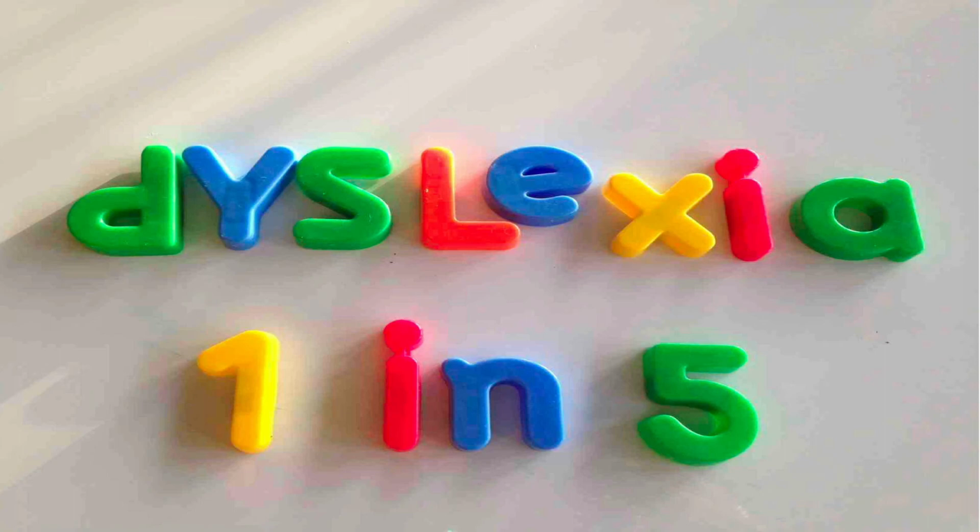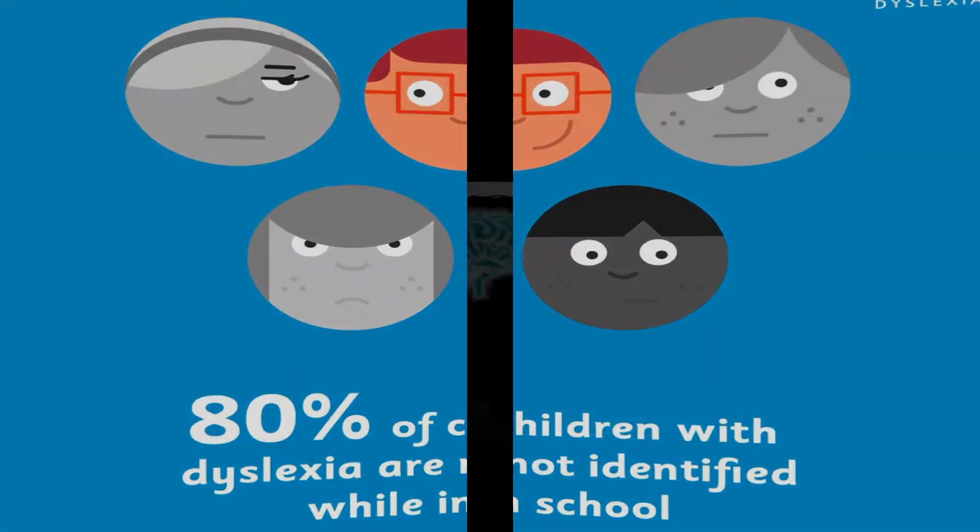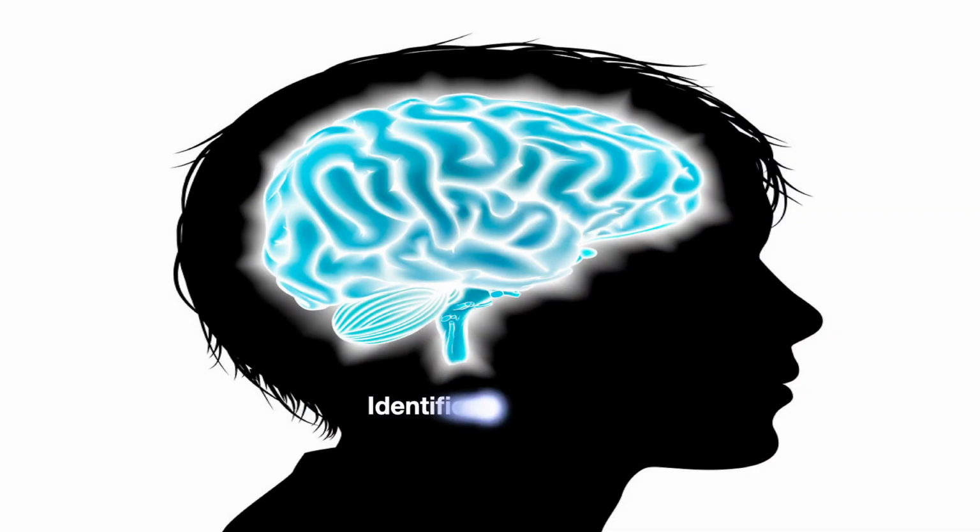Dyslexia happens in 1 in 5. It's 1 in 5 children that have dyslexia. Also this: 80% of children with dyslexia are not identified while in school. Another thing to consider is that dyslexia is identified on a spectrum, meaning this.